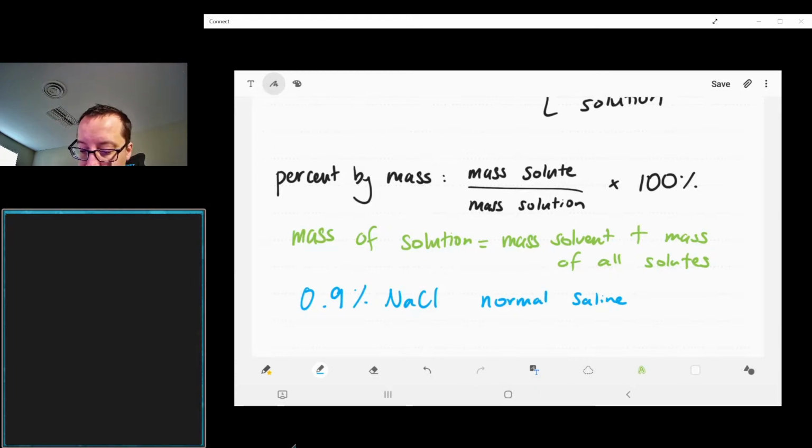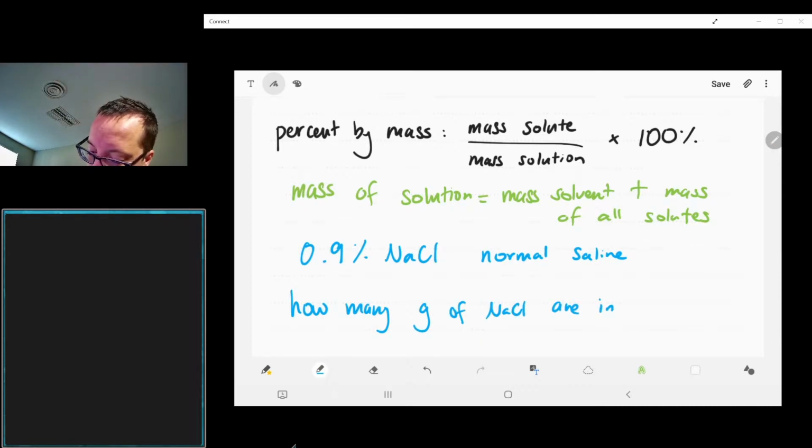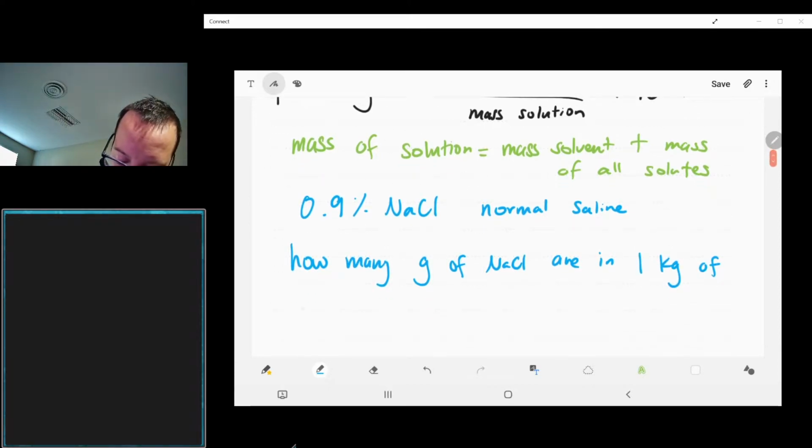So that being said, we can go ahead and figure out how many grams of sodium chloride are in 1 kilogram of saline.